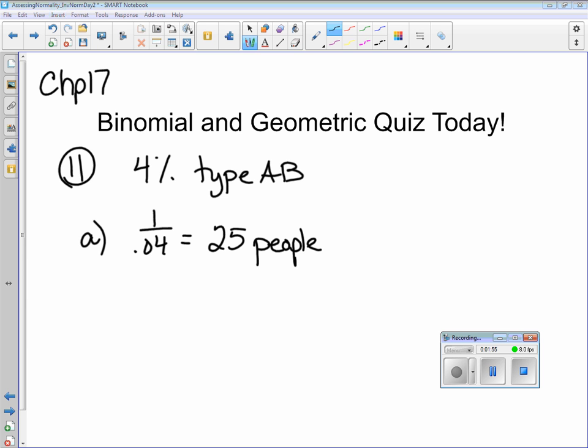Part B says, what's the probability that there is a type AB donor among the first 5 people checked? Now, it could be the first person, second person, third person, fourth person, or fifth person. And we can use a slot diagram. We can use a geometric situation. There's lots of different ways to go about doing this particular problem.